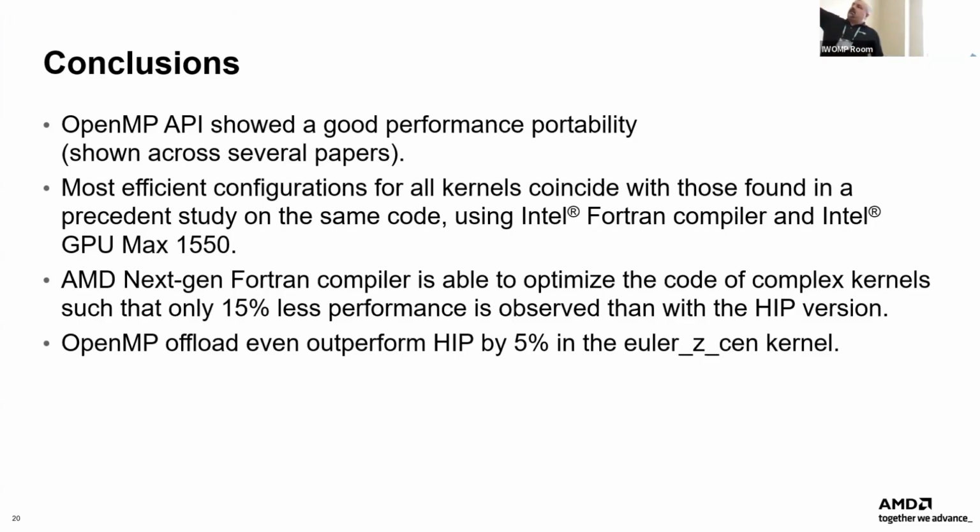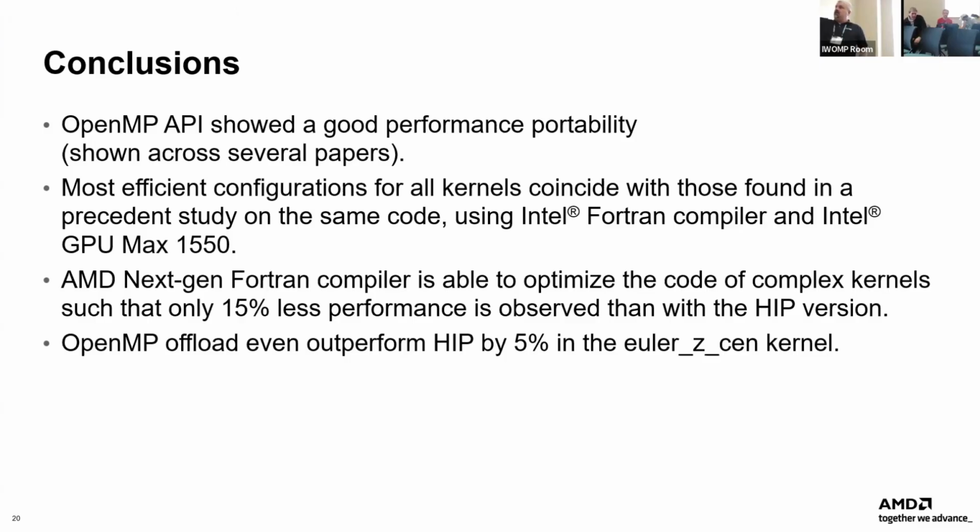When you look at the configurations, the previous work was using the Intel Fortran Compiler and an Intel GPU Max. We are pretty darn close on how the AMD system behaves with respect to what was done there. So that's where it's easy to move between this software stack and hardware stack towards the AMD stack.